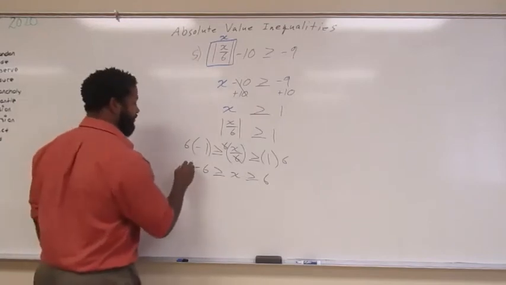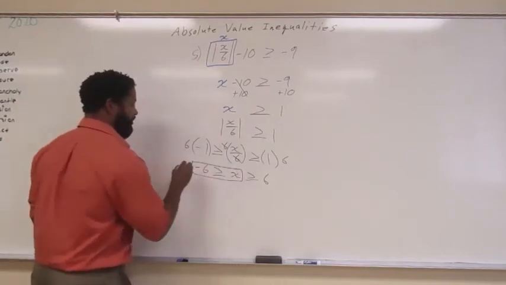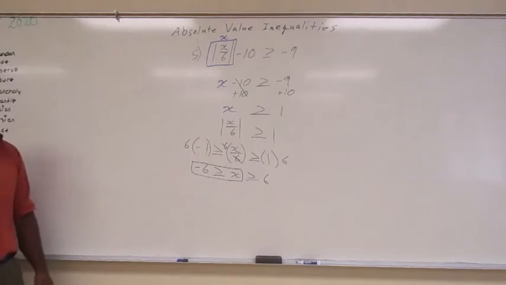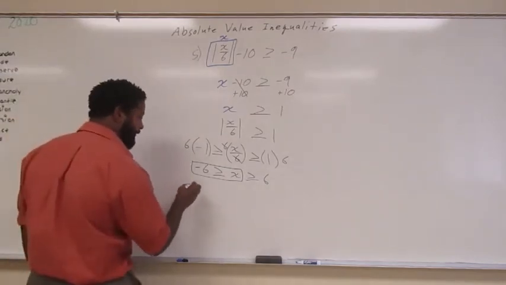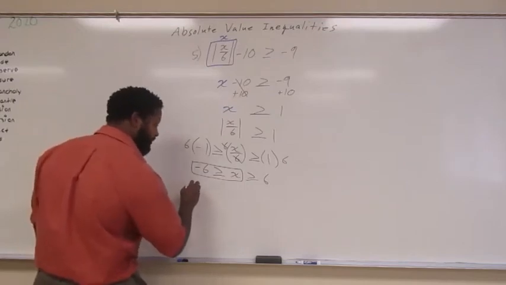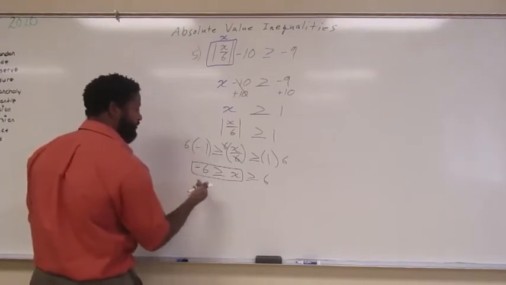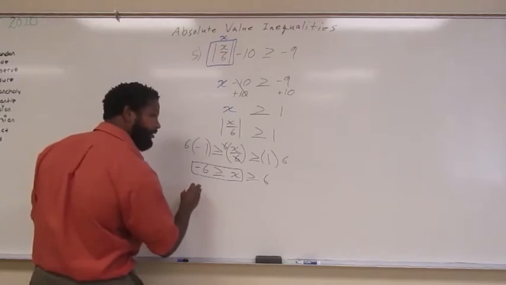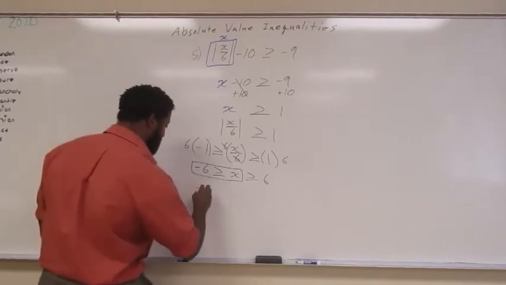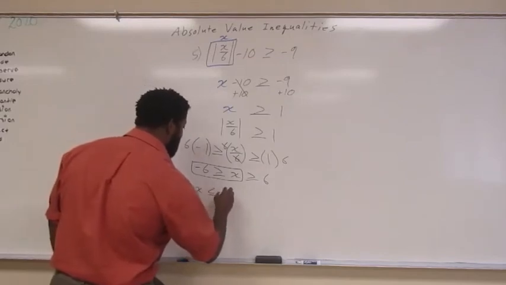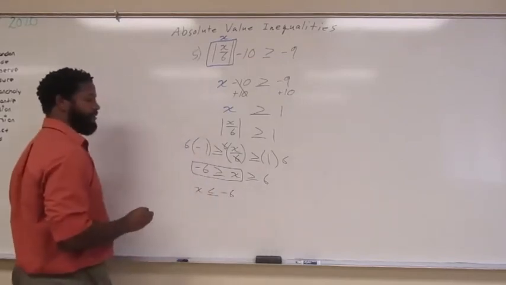This part right here, 6 is greater than or equal to x. How are we going to rewrite it? Flip it. X is less than or equal to -6. Yes. Okay?